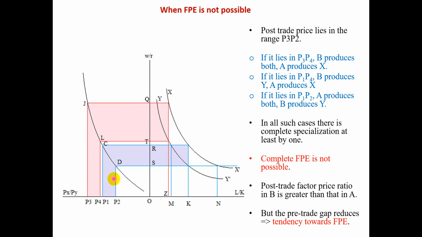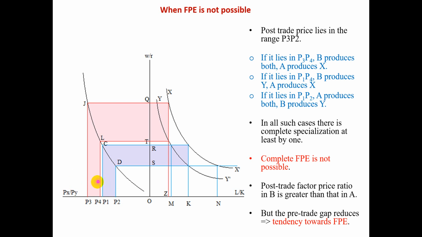It will not be here, or rather it will not be here also, because we have B's price to be here and A's price to be here. So A's price will increase and B's price will fall. So it will be lying in between P2, P3.